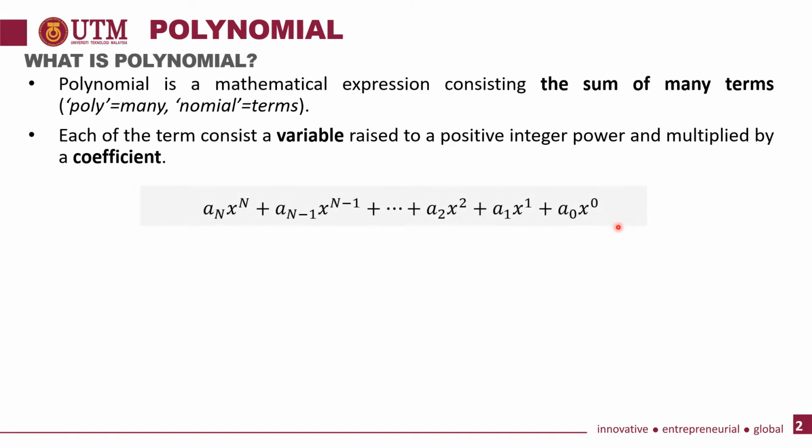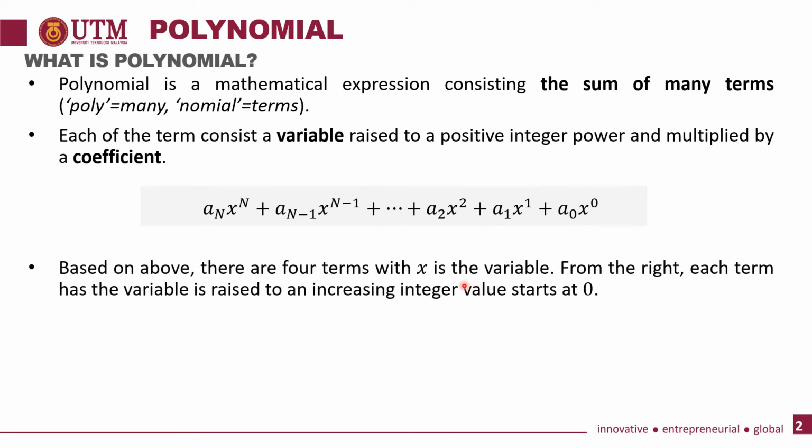So this is an example of a polynomial expression. In this expression, there are four terms with x as the variable. This is the variable x which represents the terms of this polynomial. From the right, each term has the variable raised to an increasing integer value starting at 0.